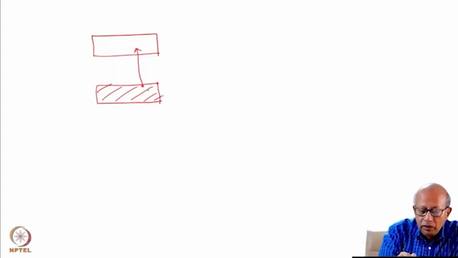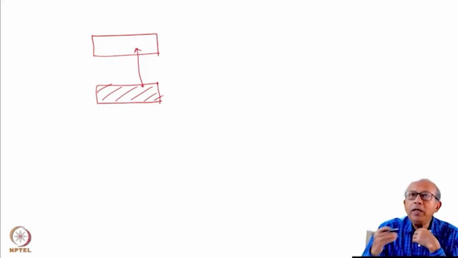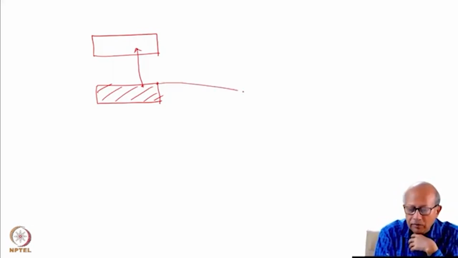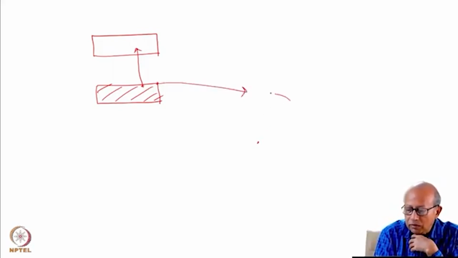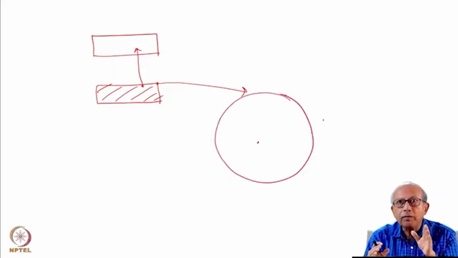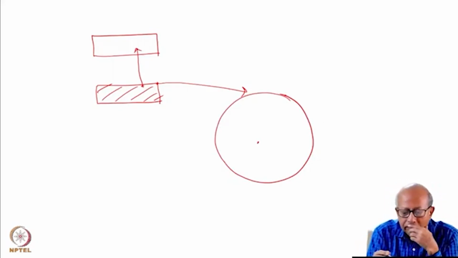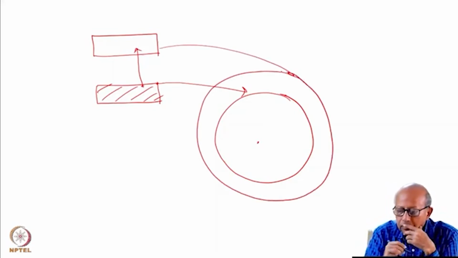Now, if we consider this in terms of the orbit of the electron, this is the nucleus and this is the outermost shell, the valence band, where the electron is rotating. And the conduction band corresponds to this orbit.